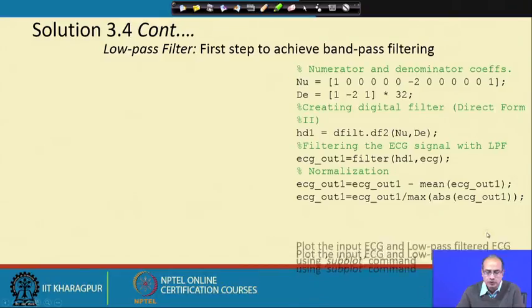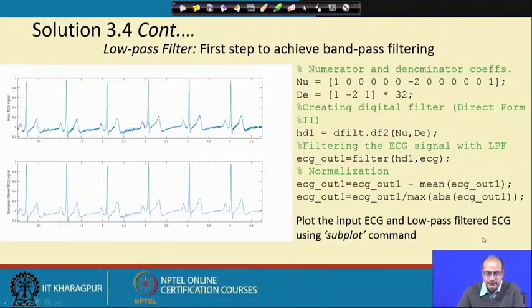So, the first thing is that our Pan-Tompkins algorithm needs a band pass filter, which is prepared with the help of a low pass filter and a high pass filter.